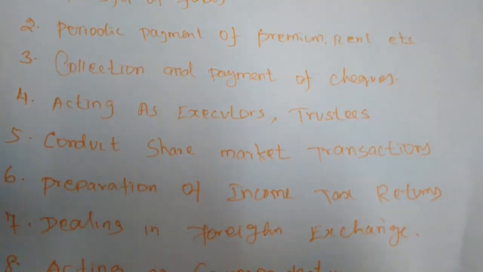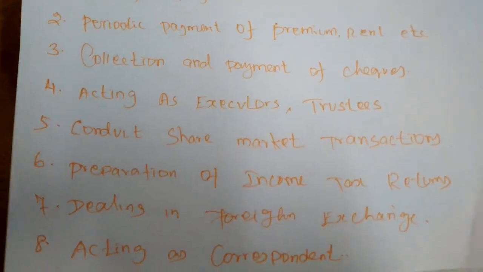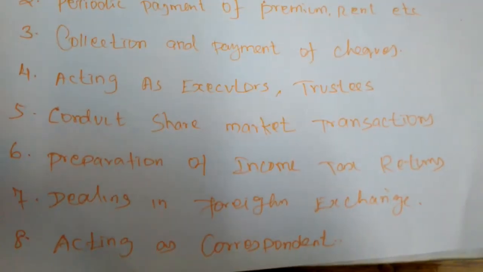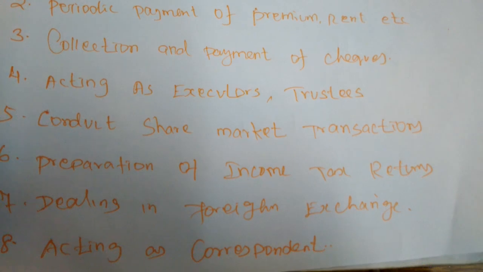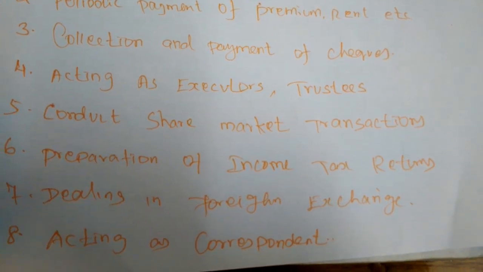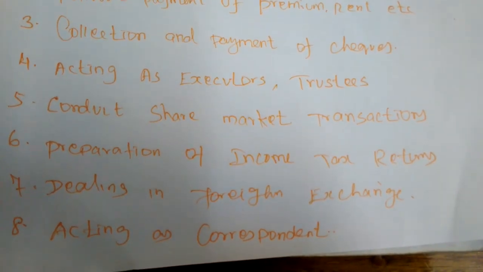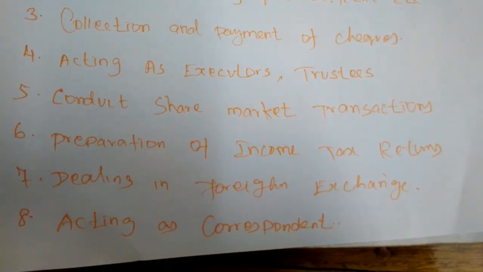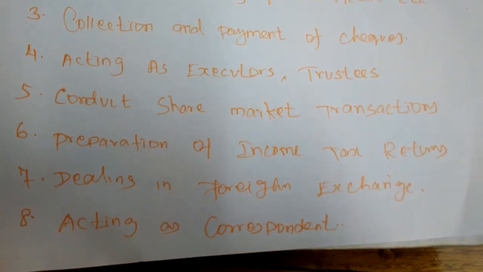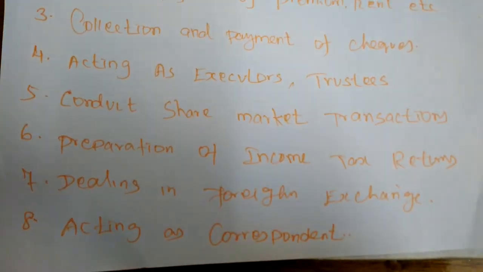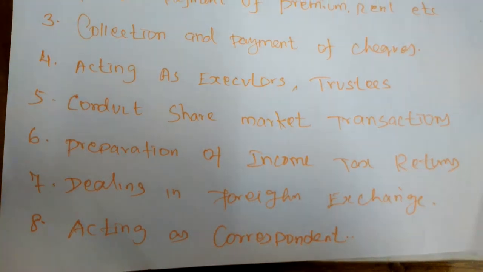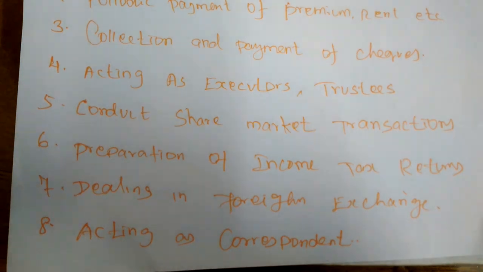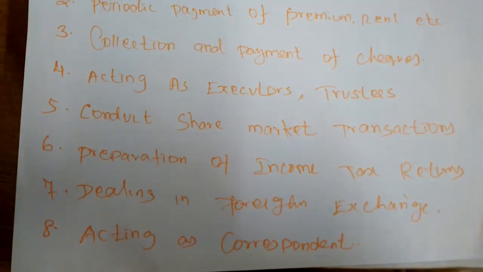If an individual has some properties, then after his death, as per his willingness, how the property is going to change and to whom it will be transferred is also executed by the bank itself. As a trustee, a bank takes care of the funds of the customers. The bank signs the transfer deed of properties of the customer in the capacity of attorney to customers.